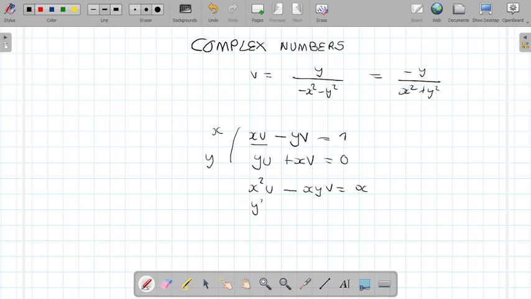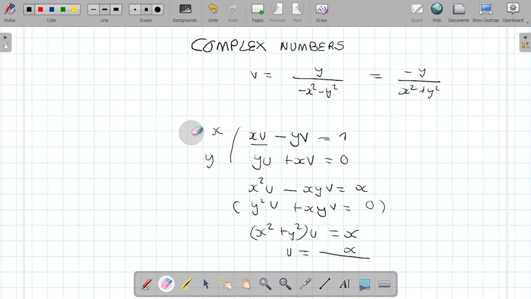And then here we should have xy u plus y squared u... rather, y squared u plus xyv is equal to 0. Now, if I add these two equations, this part is going to disappear. So we're going to have x squared plus y squared, times u, equal to x. So u has to be equal to x over the sum of squares. Let me just take care of the top part.